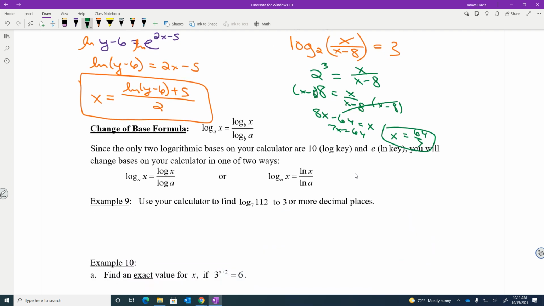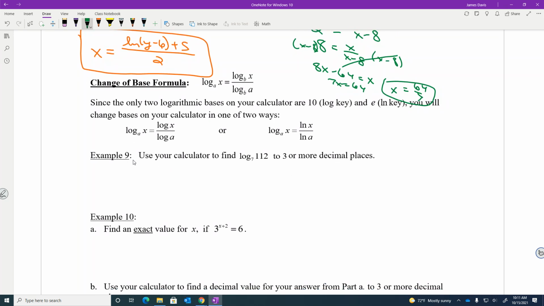And there's one other log property. I know it's kind of a lot, just kind of a flyover of all these log properties. It's called the change of base formula. And I think I mentioned this yesterday as well, where you can basically solve any of these logarithms just using the log button or the natural log button on your calculator.